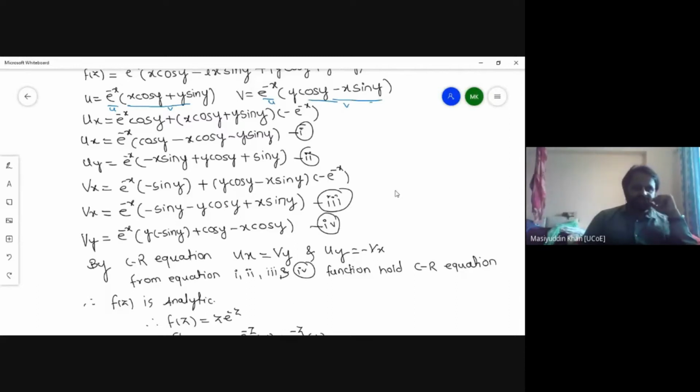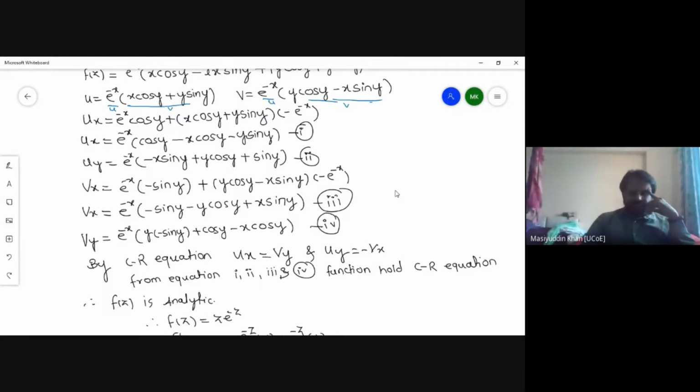According to the Cauchy-Riemann equations, the derivative of u with respect to x is equal to the derivative of v with respect to y, and the derivative of u with respect to y is equal to minus the derivative of v with respect to x.